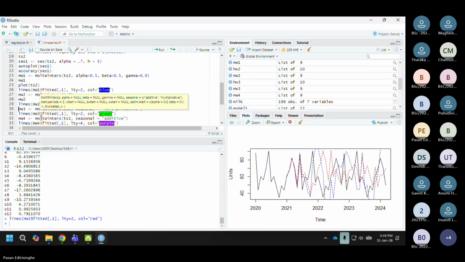And then I'm trying to go with the multiplicative method and then the additive method, right? They have two methods for the seasonal component, so you can try them as well.